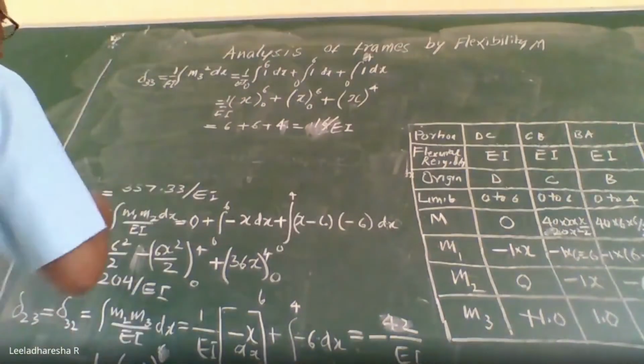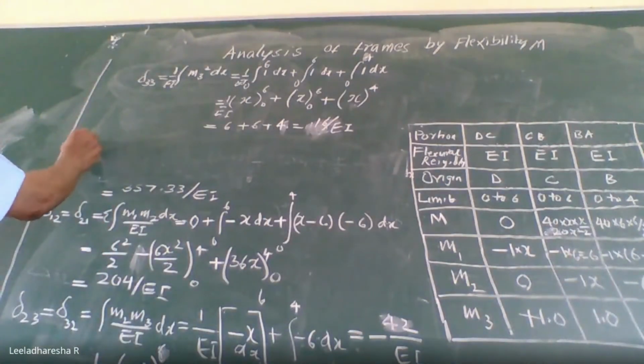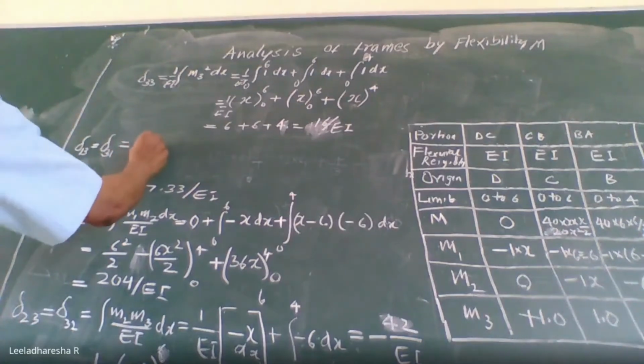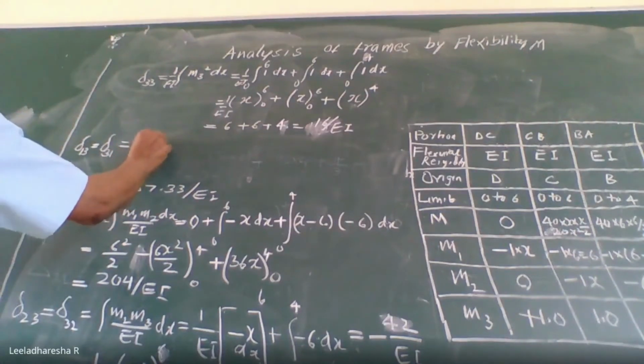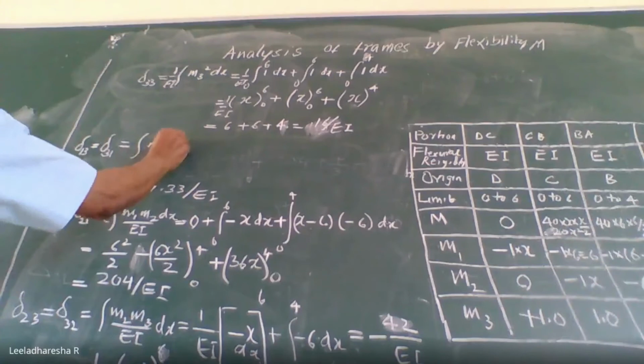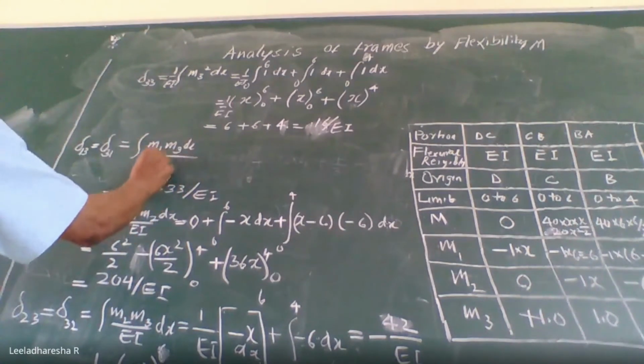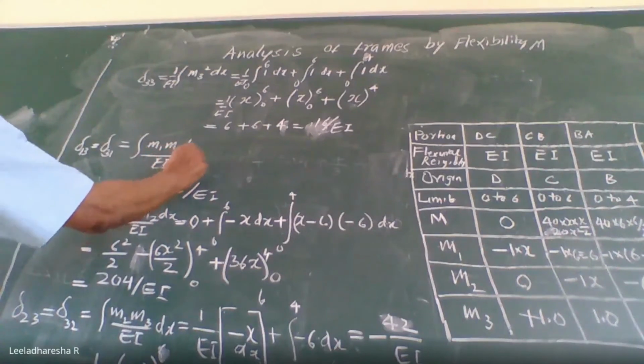by EI. One more element is missing. Delta 13 equals delta 31. It is equal to integration m1 into m3 dx, sigma m1 m3 dx divided by EI.